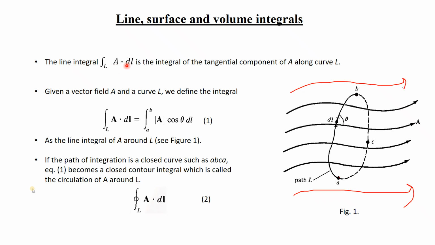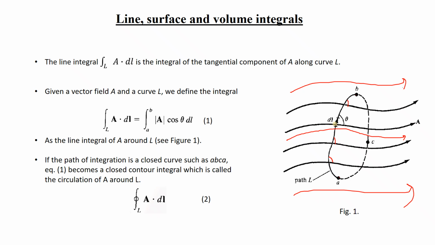Now, whenever you have a dot product, one vector with another vector, the magnitude equals mod of vector A, mod of dl, multiplied by cos of the angle between them. So what is the cos of the angle? Cos of the angle will be the angle the vector makes with respect to dl. At every point dl may change. Suppose vector A is constant, here theta will be different, here theta is different, so everywhere the theta angle will change.